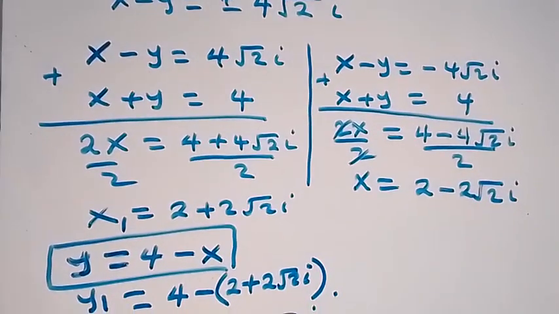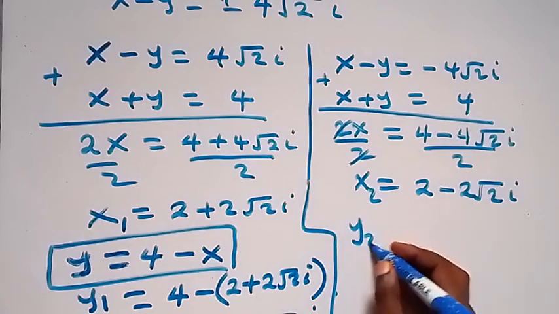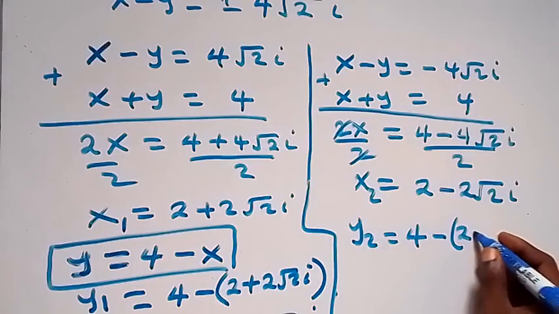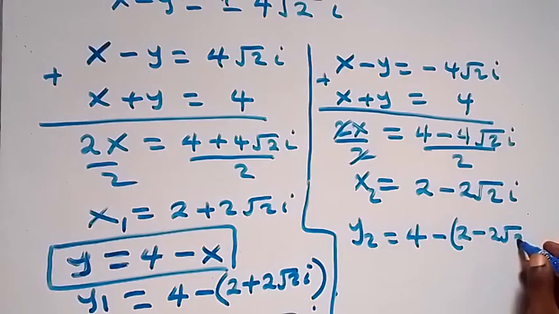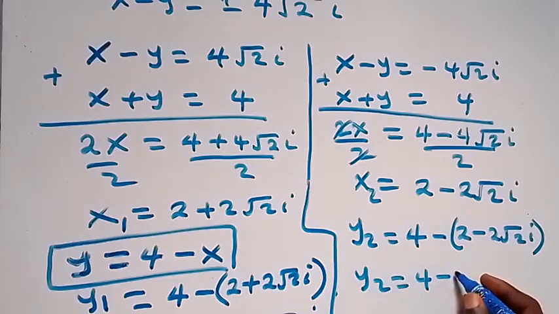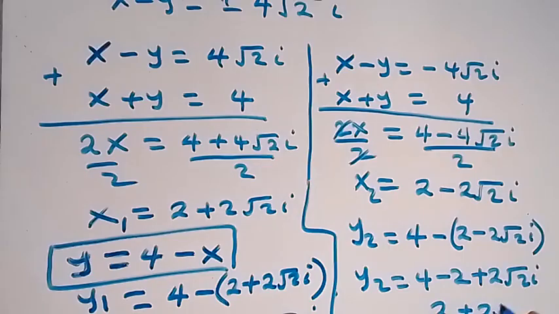So if this is x2 now, then we can say that y2 will then be equals to 4 minus x2, which is 4 minus bracket 2 minus 2 root 2i, then close bracket. Then from here we have y2 to be equals to 4 minus 2, then minus times minus, that's plus 2 root 2i. So 4 minus 2 here, same thing as 2, and plus 2 root 2i.